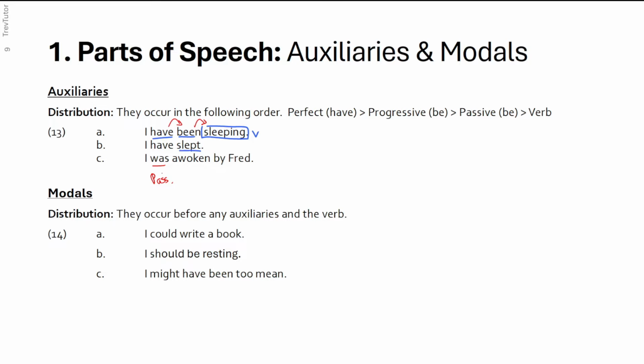And then finally, for modals, these occur before auxiliaries in the verb, and these are words like can, may, shall, will, and then these have their corresponding past forms, which don't have past meaning, but historically they did occur for that purpose. So could, might, should, and would.